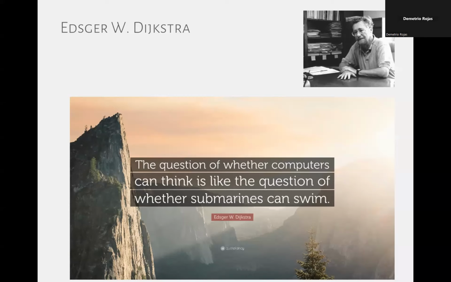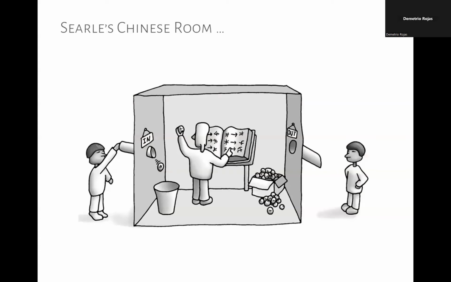I like the quote. We can say that submarines can swim, but obviously they don't swim in the same way as animals or humans or fish do. It's a similar thing. When I say think, it's in air quotes. I'm not trying to make some philosophical statement that machines can think or not think, but they can emulate this sort of process.